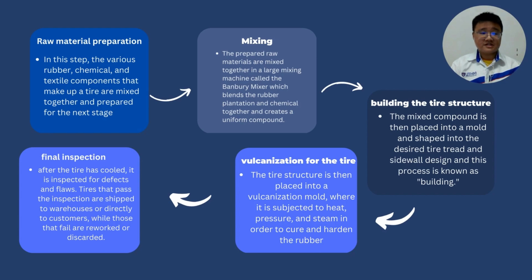The next step is vulcanization for the tire. The tire structure is then placed into a vulcanization mold where it is subjected to heat, pressure, and steam in order to cure and harden the rubber. The final step is final inspection. After the tire has cooled, it is inspected for defects and flaws.